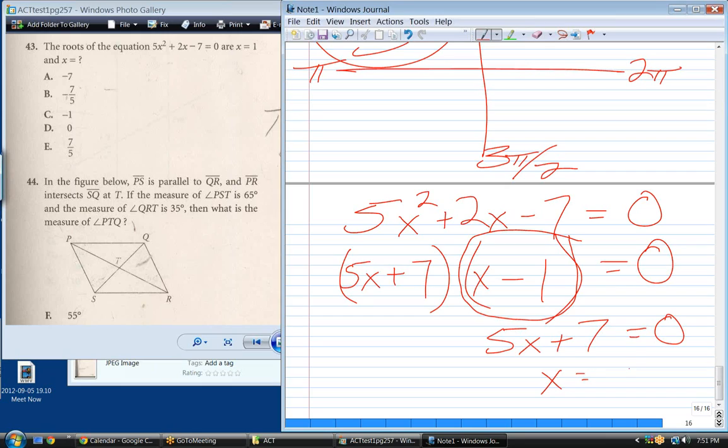There's two answers for x. One answer comes from this factor. The other answer comes from this factor. Solve this equation, 5x plus 7 equals 0.